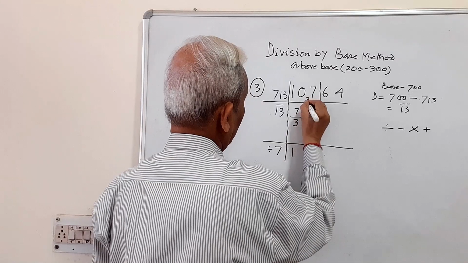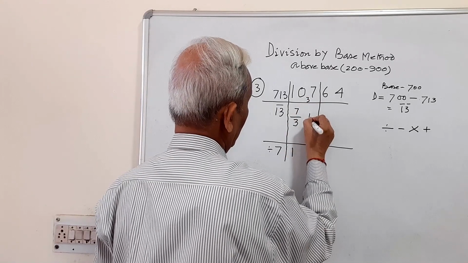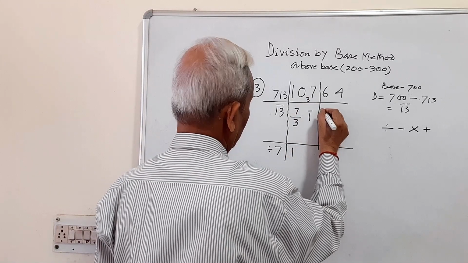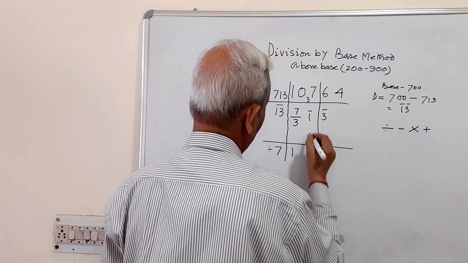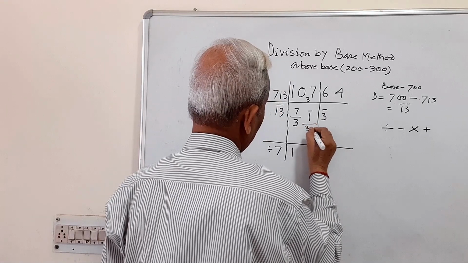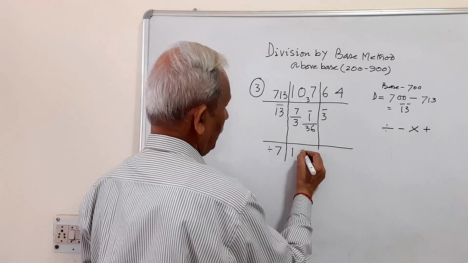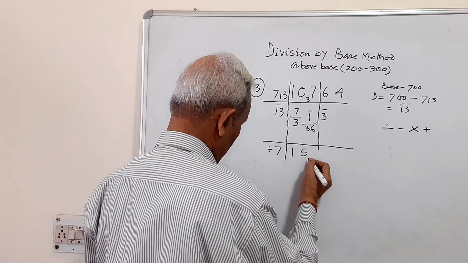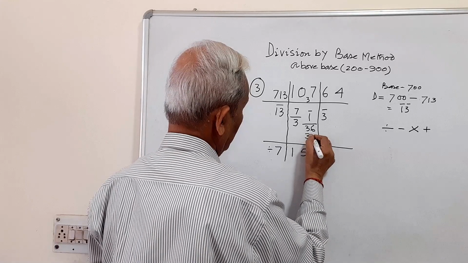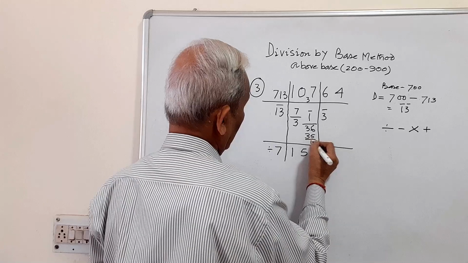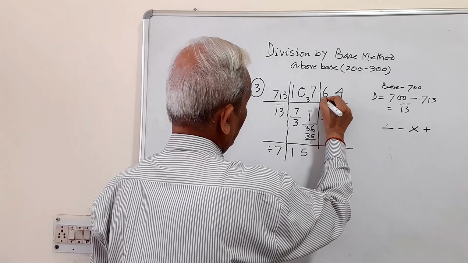Put down 3 here. 13 bar into 1 is 1 bar and 3 bar. 1 bar and 3 bar, this becomes 36. Now 7 goes into it 5 times. 5 sevens are 35. 35 here. 1. 1 goes here.